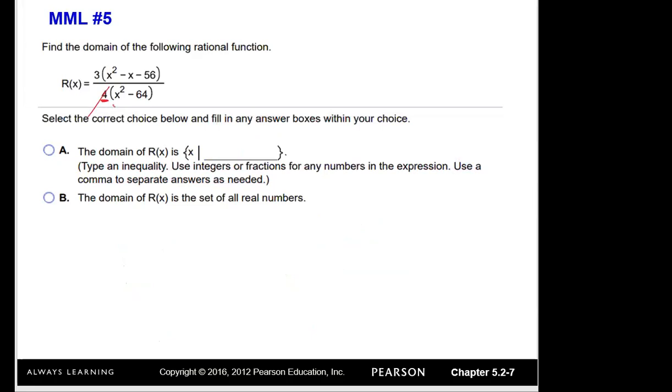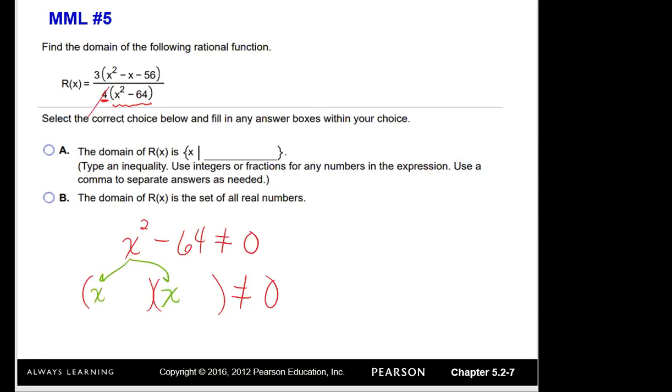But then you're going to take this x squared minus 64, and that is not allowed to equal 0. And I can factor that because that is a difference of 2 squares. The x squared will be x and x, and then 64 will be 8 and 8.